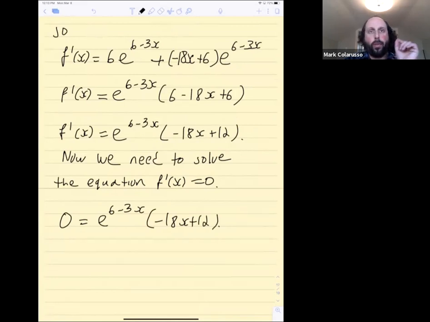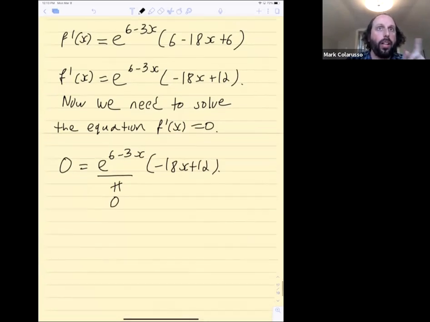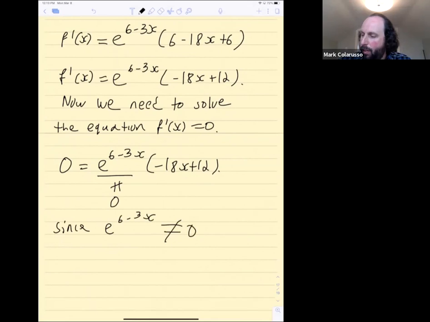And now you remember hopefully what I was saying at the beginning of this example, that this thing here, e to the anything, is never equal to 0. Can never be equal to 0. So you can divide both sides of the equation by this term. And that's what allows you to actually solve this. So since e to the 6 minus 3x is never 0 for any x, we can cancel it from the equation.